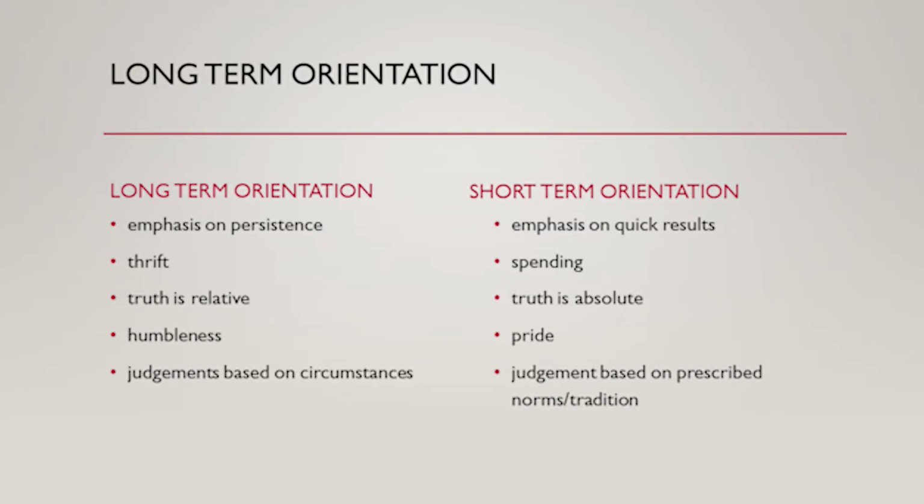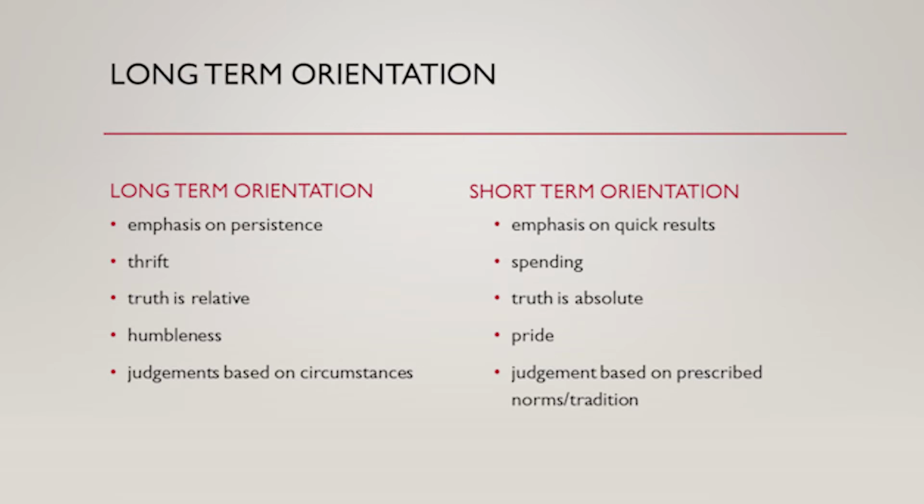And here's a side-by-side comparison of long-term versus short-term oriented culture. On the long-term side of the scale, we'd find emphasis on persistence as opposed to the emphasis on quick results for short-term oriented cultures. Thrift versus spending, as we already talked about. In long-term societies, truth is relative, and in short-term societies, truth is absolute.